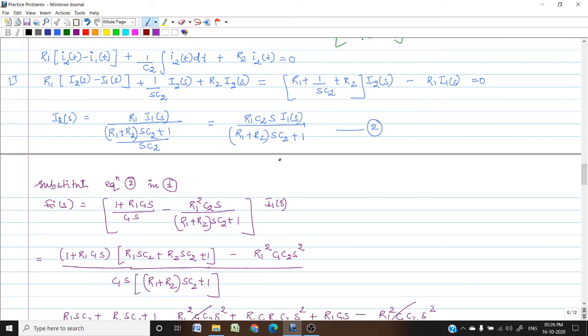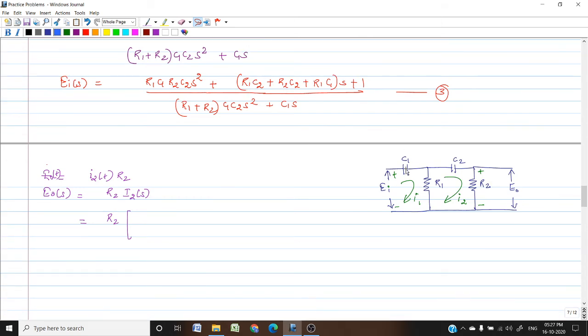R1 C2 s I1 of s divided by (R1 plus R2) SC2 plus 1, this was nothing but I2.